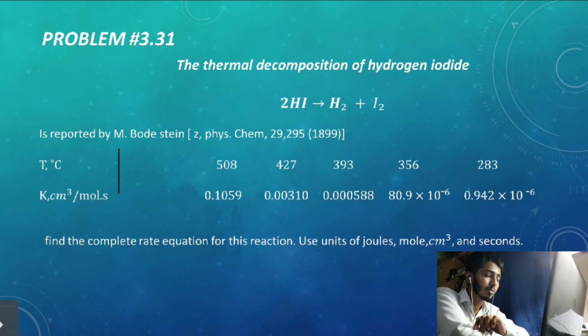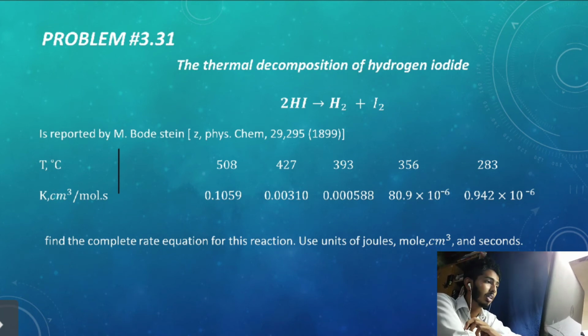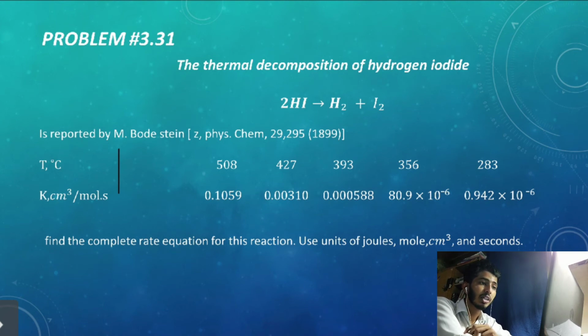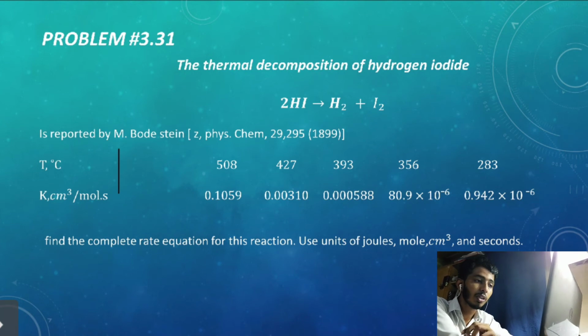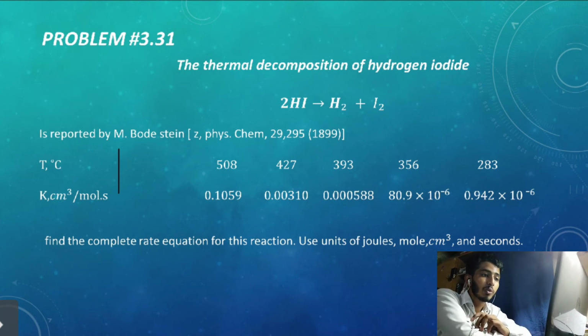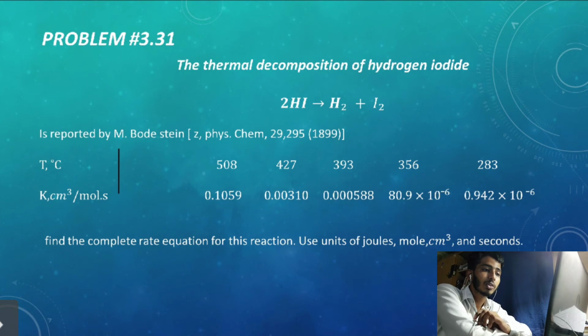Here are some temperatures in Kelvin: 508, 427, 393, 356, 283, and also the rate constant K in cubic centimeters per mole per second: 0.1059, 0.00301, etc. First we find the rate of reaction, and we will use units of moles, cubic centimeters and seconds.